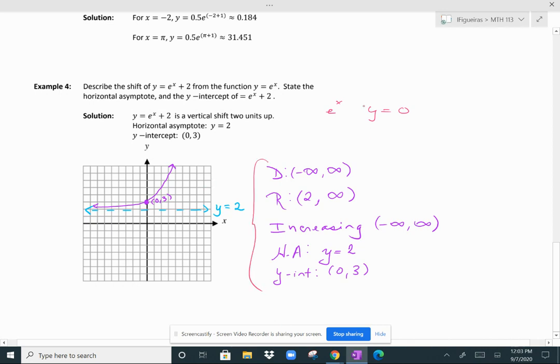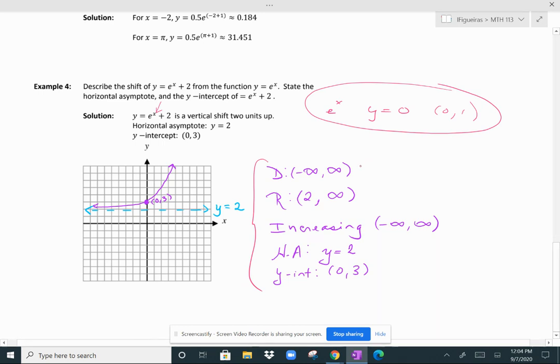And my y-intercept for e to the x is usually at (0, 1). So that's what we talked about at the beginning. But this time when you plug in 0 in here, you'll get 1 plus 2. So my y-intercept is at (0, 3). This graph is increasing from left to right over all real numbers.